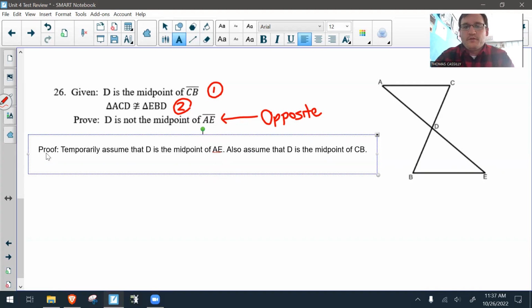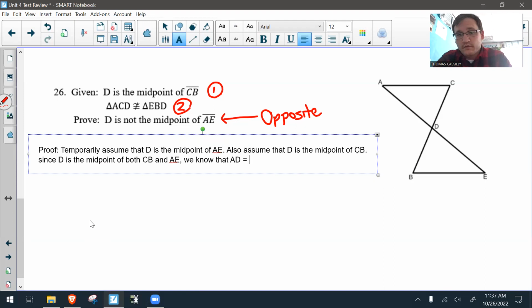So next, what do we have here? We have two midpoints. Since D is the midpoint of both CB and AE, we know that AD must be congruent to, since D is right in the middle of AE, DE.